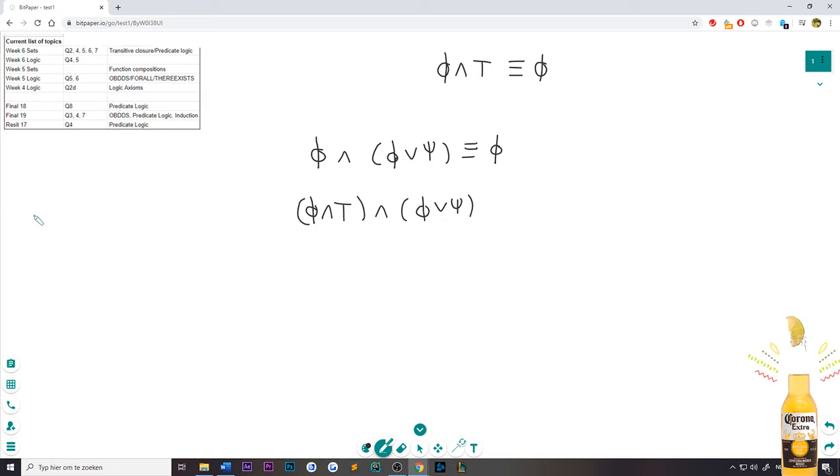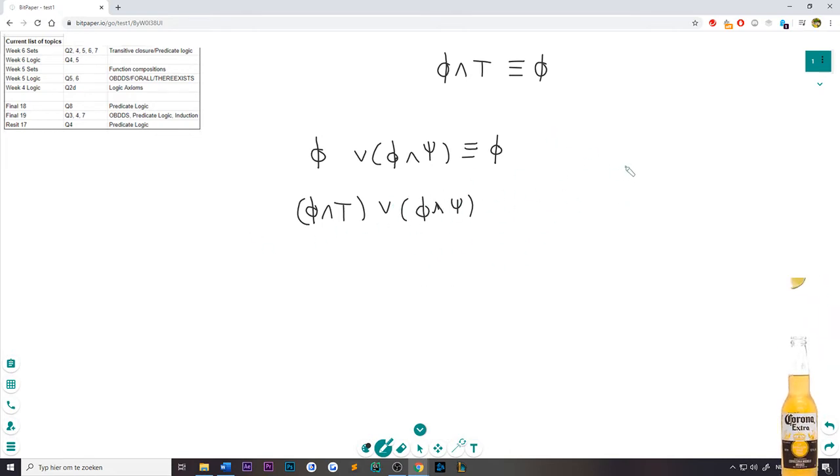I wrote this down just for clarity. This is supposed to be an and, and this is supposed to be an or, right? We're warming up. Well, we have the distributivity laws.